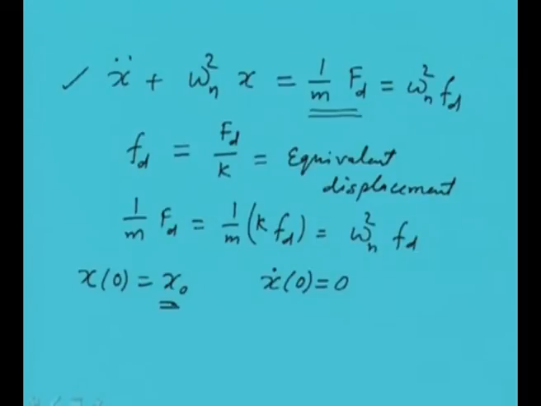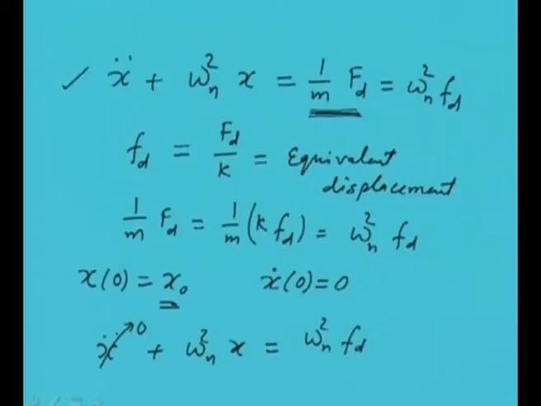When we have a static force, we use the superposition principle, in which we first consider that we apply this much force and find the displacement because of that. Once we apply a static force, the acceleration is 0 because there is no motion, plus this term equals omega squared and small f_t.